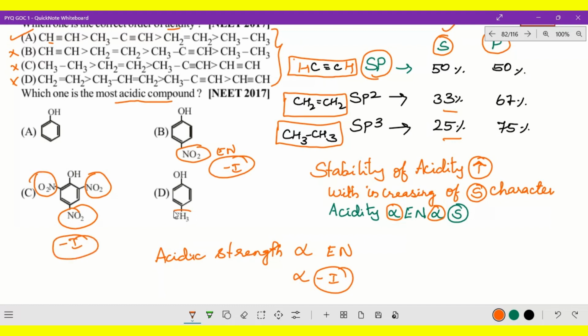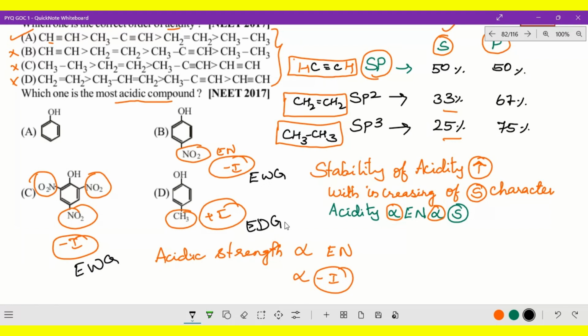And the CH3 group has plus I character. Plus I character and minus I character: electron withdrawing group. See here, this is an electron withdrawing group, this is also an electron withdrawing group, but this is an electron donating group.